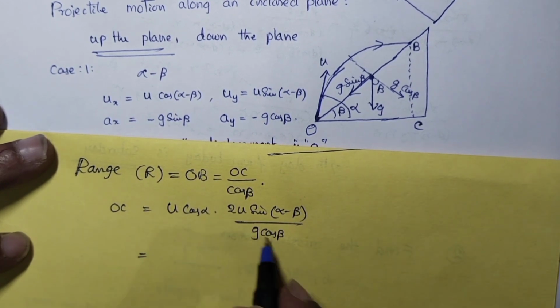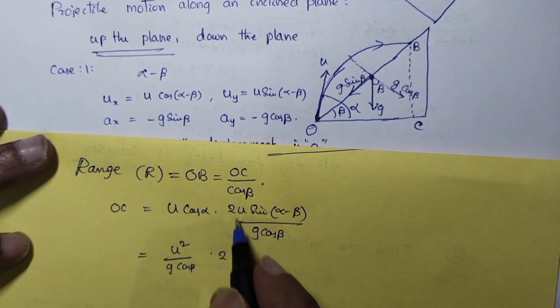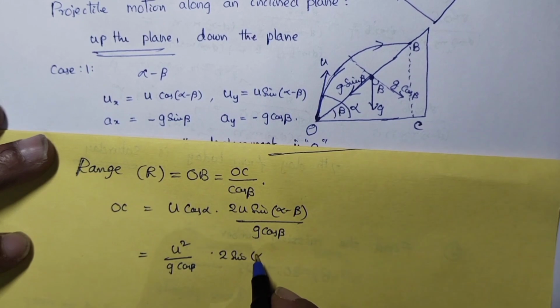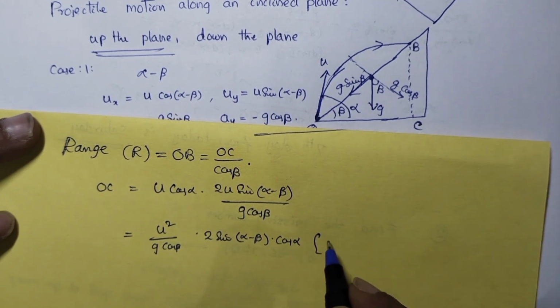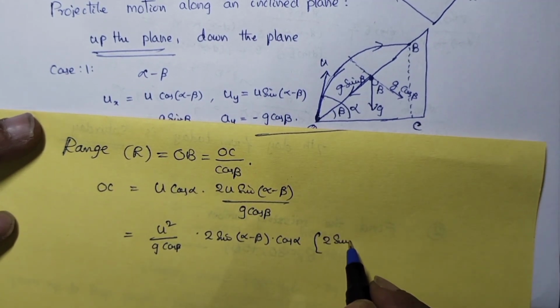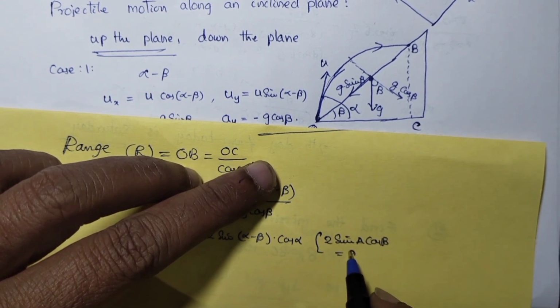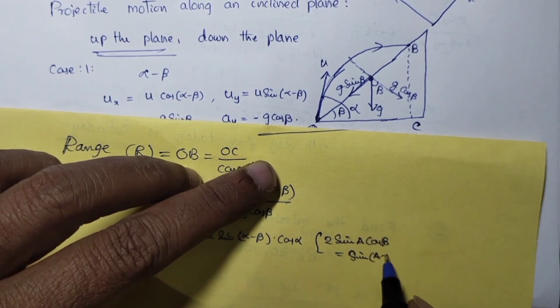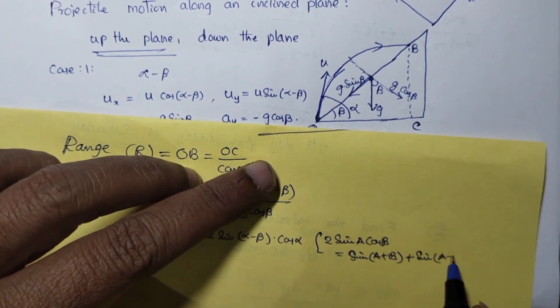So here u square by g cos beta into 2 sin(alpha minus beta) cos alpha. In trigonometry, the formula is 2 sin A cos B is equal to sin(A plus B) plus sin(A minus B).